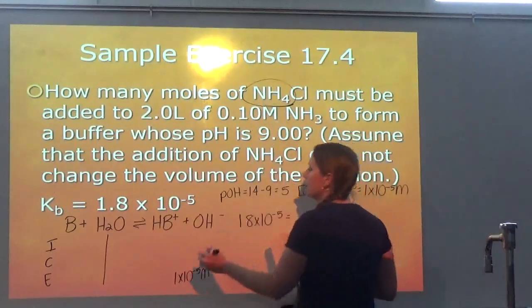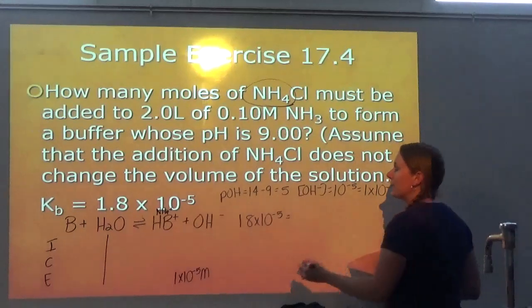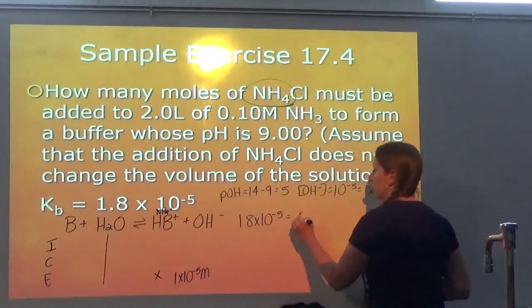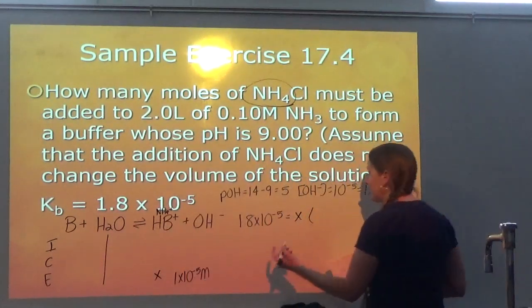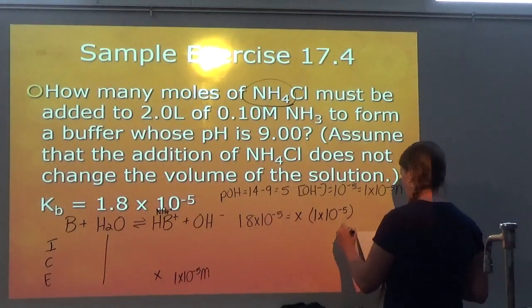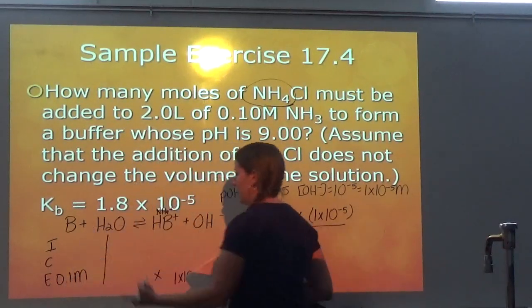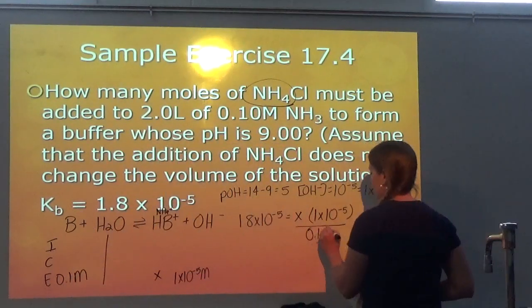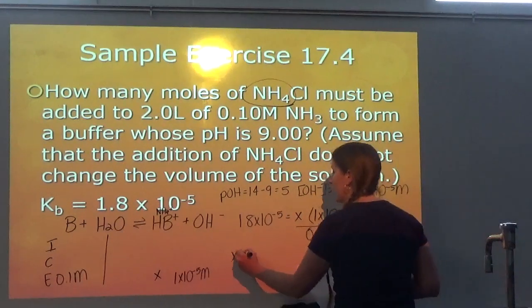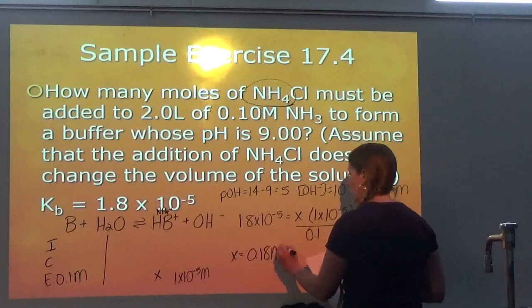This right here is my HB plus, so I'm going to put in an X for this. My OH minus we have decided is 1 times 10 to the negative 5, and my B is 0.1. Once I solve for X, I end up getting 0.18 molar.